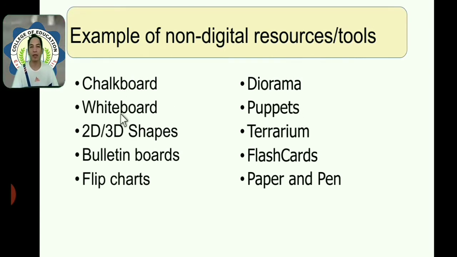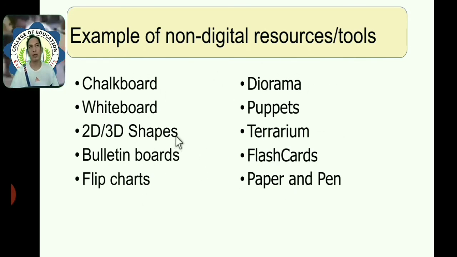So, chalkboard, whiteboard, 2D or 3D shapes, or let me say manipulative shapes or tools, bulletin boards, flip charts, diorama, puppets, terrarium, flashcards, paper, and pen. So, these are some non-digital resources.